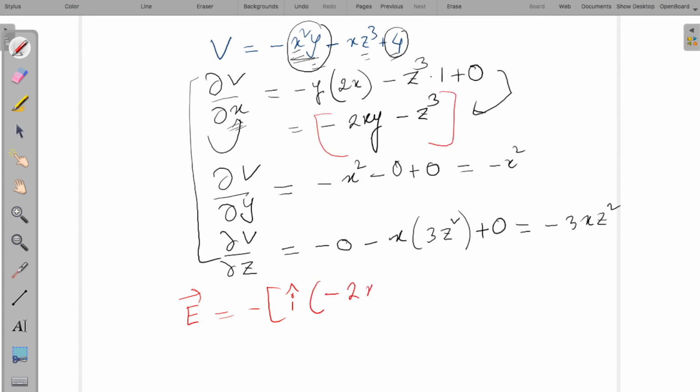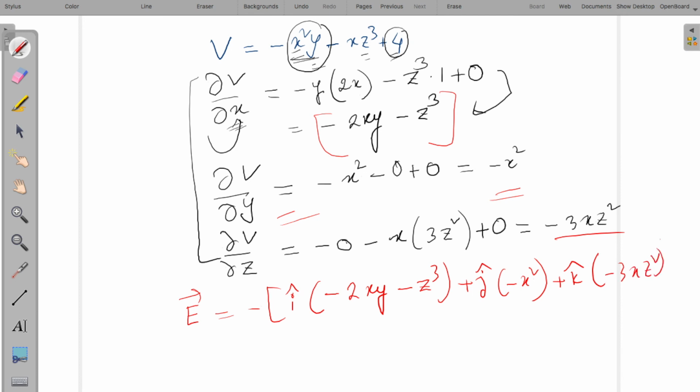Minus 2xy minus z cubed, and the value with j cap is minus x squared, and the last term is minus 3xz squared, right? The next step is that we must bring this negative sign inside the bracket.